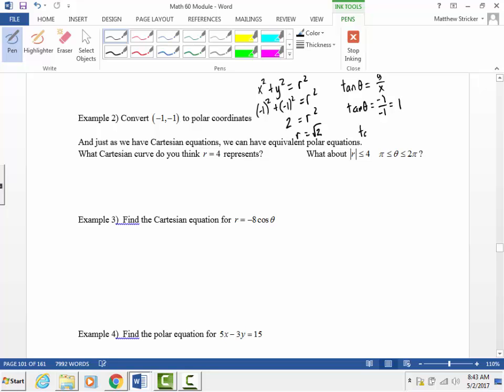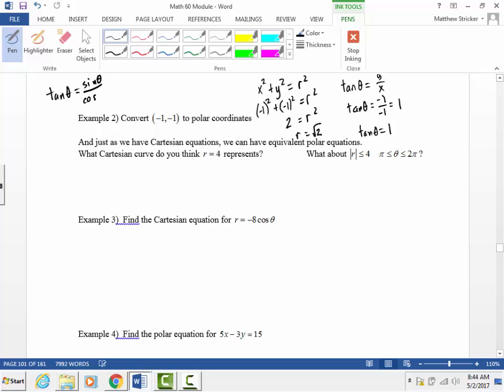And there's two ways you can think about this. One way you can think about it is, what angle theta gives the tangent of 1? Well, remember tangent is sine over cosine.